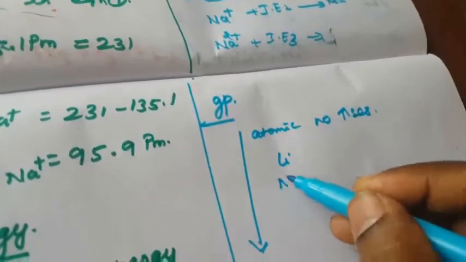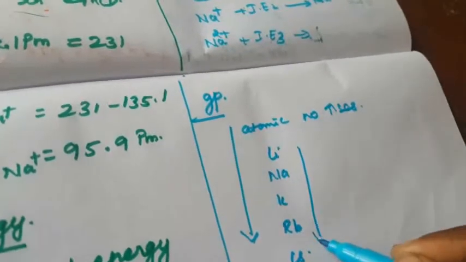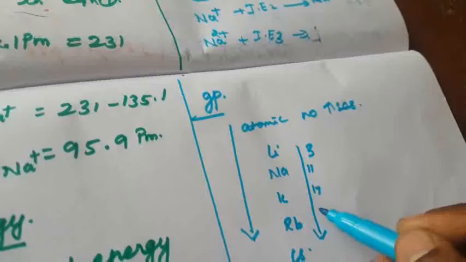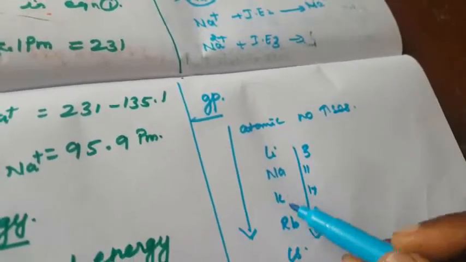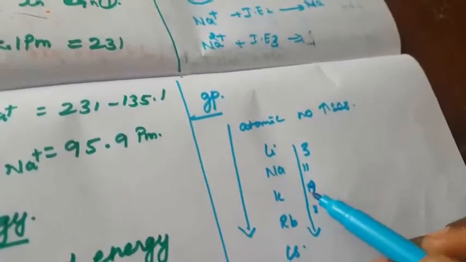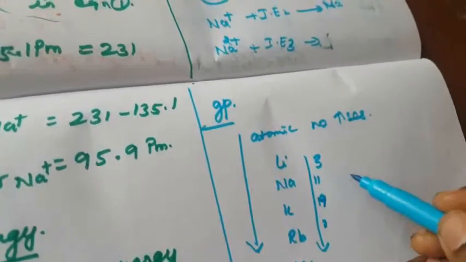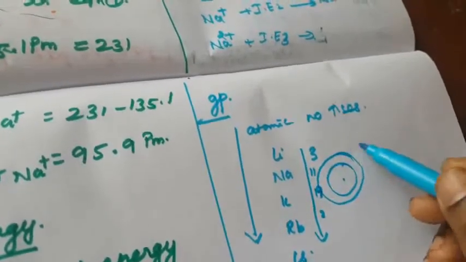Here we have lithium, sodium, potassium, rubidium and cesium. The atomic number increases, right? 3, 11, 19, 37. So the atomic number increases from top to bottom, and the size of the atom increases.